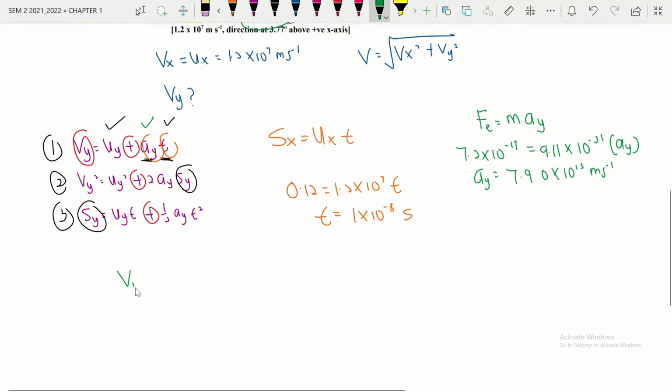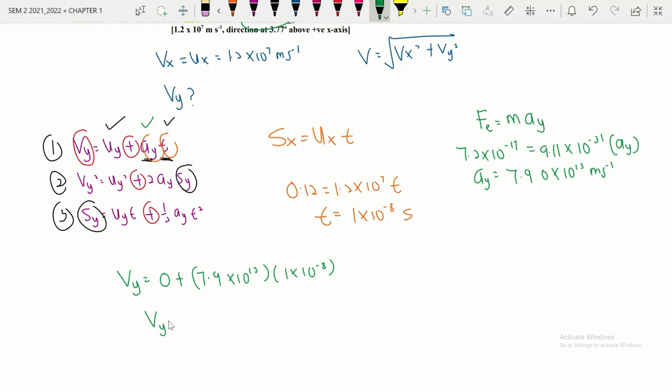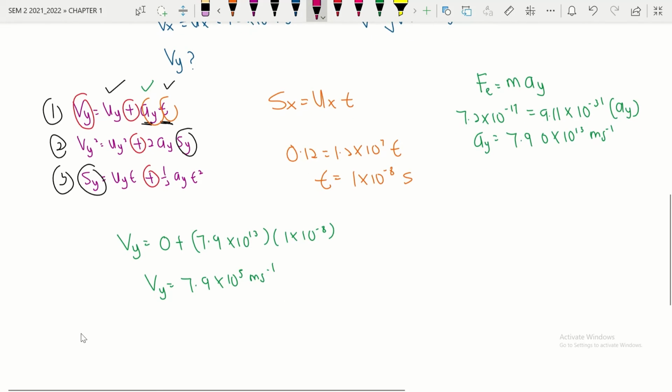So Miss cari je lah Vy Miss. So Vy equals to Uy adalah kosong, Ay adalah 7.9 times 10 to power of 13 dan time taken dia adalah 1 times 10 to power of negative 8. Jadi your velocity in Y component adalah 7.9 times 10 to power of 5 meter per second. So like I told you, Miss kena cari magnitude dia kan. So dia adalah V equals to square root of Vx squared tambah dengan Vy squared.